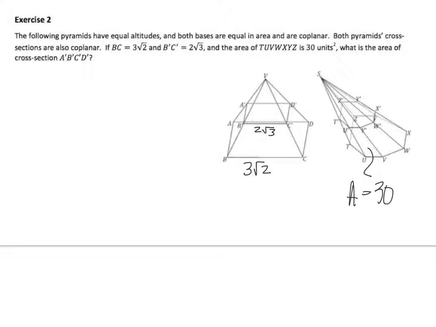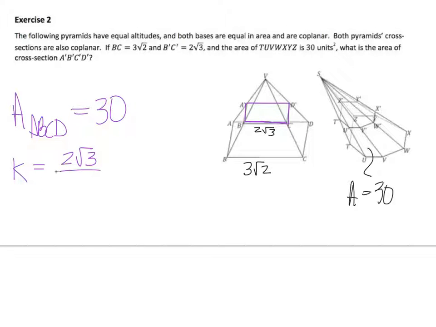What is the area of the cross section A prime, B prime, C prime, D prime? So we're looking for the area of this cross section. All that means is the area of A, B, C, D is also 30. And our scale factor is going to be 2 square roots of 3 over 3 square roots of 3, or just plain old 2/3.